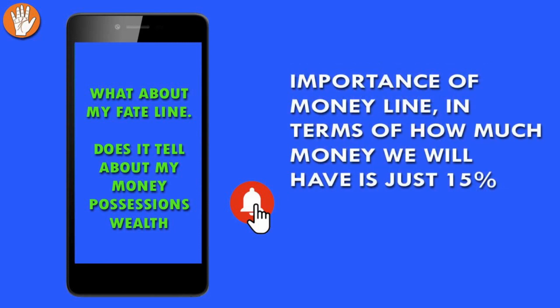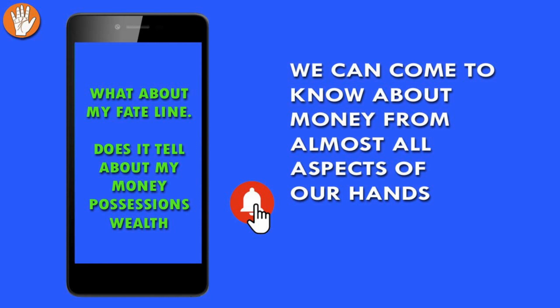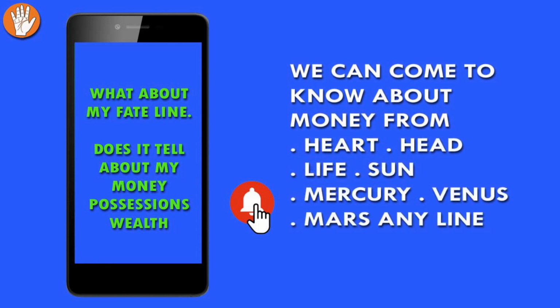This is something which I repeat in almost all my videos: normally people want to know about money, possessions and wealth, and people think that if they just have a single mole on their palm, maybe on the money line or on the Mount of Venus or the Saturn Mount, it's going to bring a huge amount of success. It need not be like that. Each and every part of your hand should be good in order to bring good results.